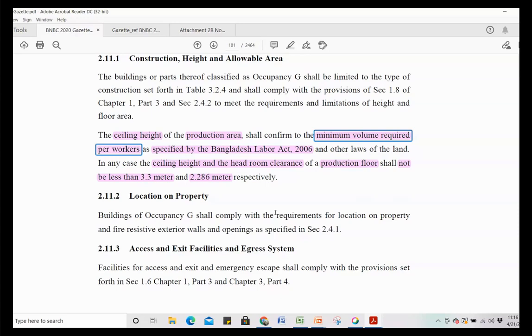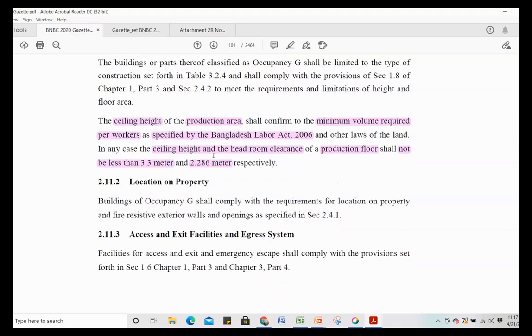A worker must have a minimum volume, and that is specified by the Bangladesh Labour Act 2006. So that minimum volume of air must be ensured in the production area. So the ceiling height of a production area will be guided by that guideline. That is one particular specific rule about occupancy G that needs attention.